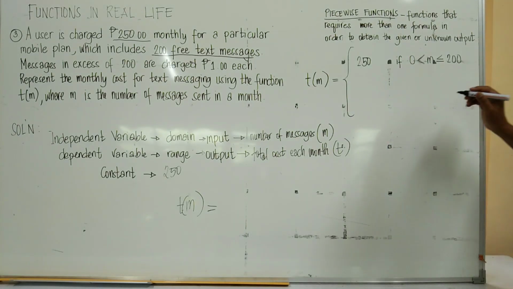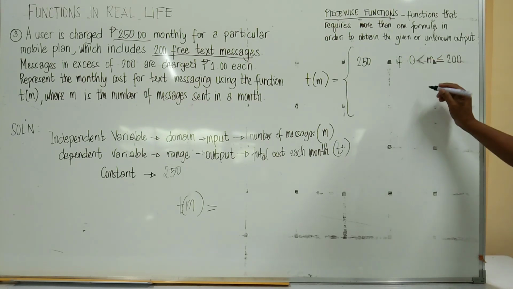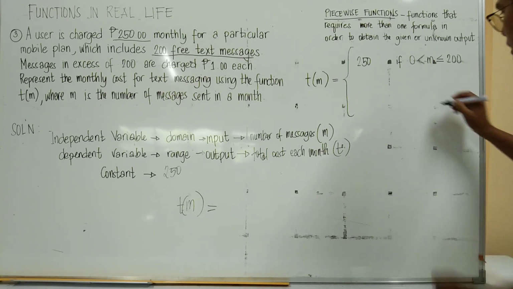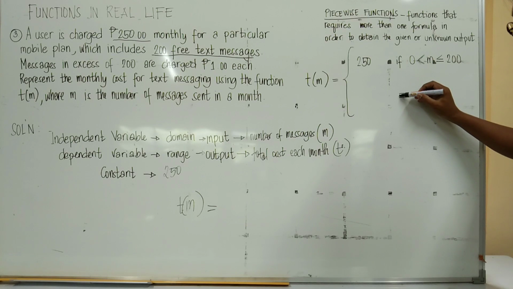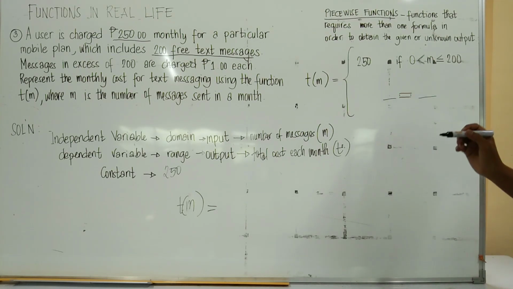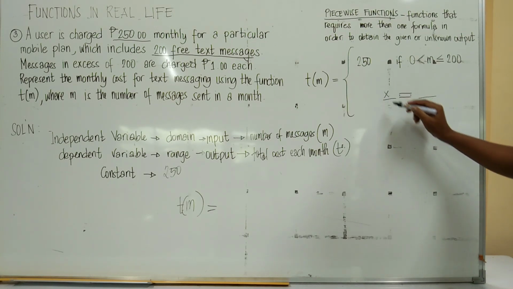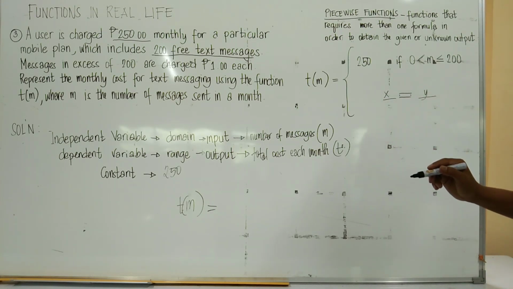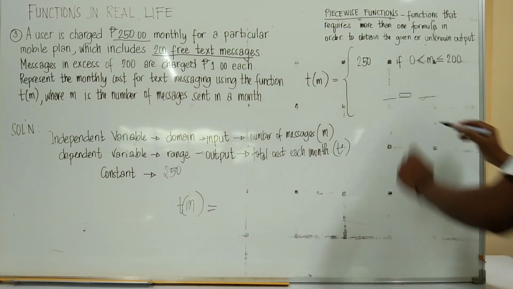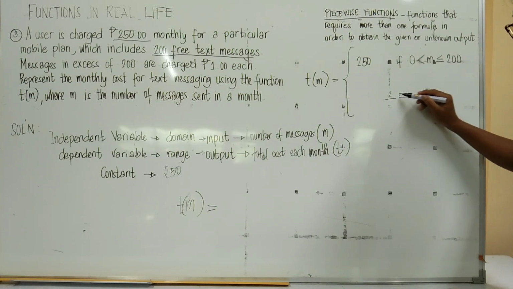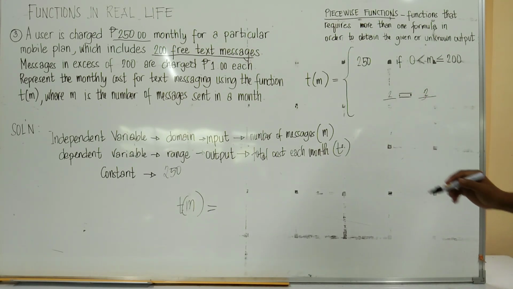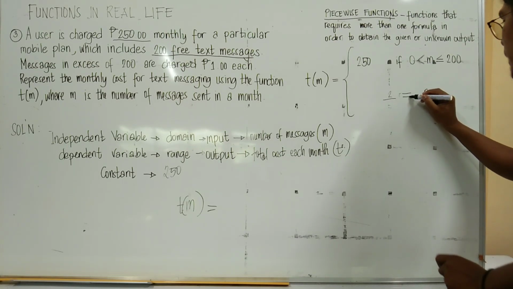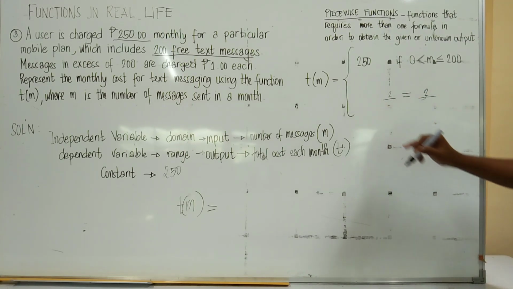For those who are confused with the symbols of greater than and less than, just look at this one. The equal symbol is denoted by parallel lines. The distance here and here are equal, so this denotes that this value is equal to this value. So we can say that 2 is equal to 2 because the distance of the parallel lines is equal.